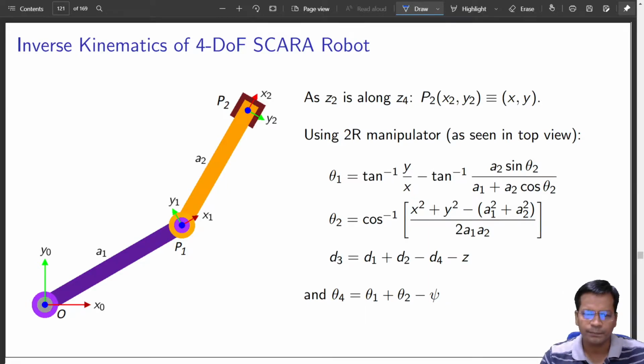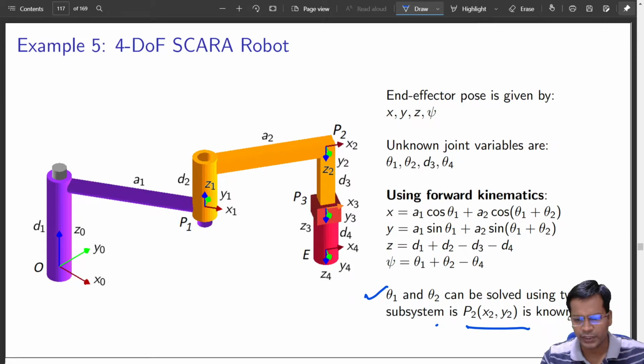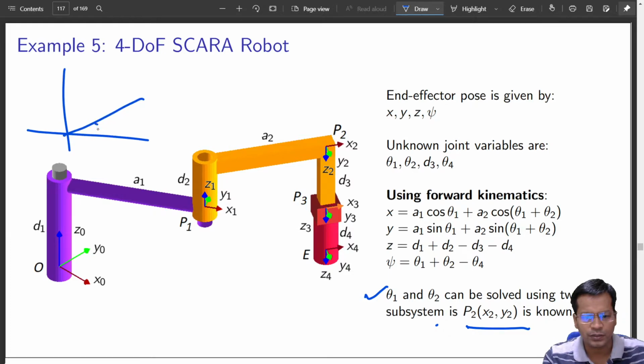If you see the end effector orientation, it will be the sum of all the angles, is it not? If you look at this from the top, the first link rotates by an angle theta 1, the second link rotates by an angle theta 2, and the last link can go up and down, doesn't matter.